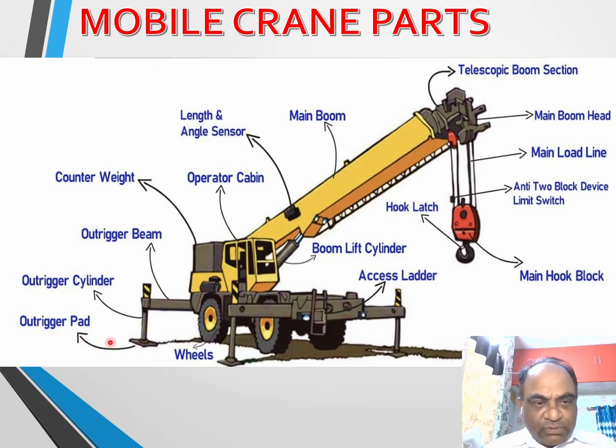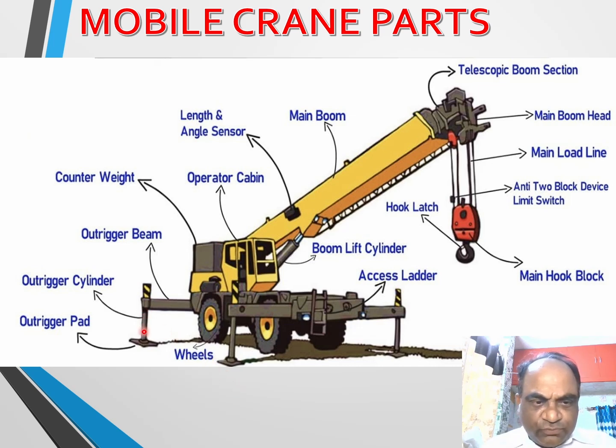Then you have outrigger pad, basically in order to increase the surface area that distributes the load in a larger area for the stability. This is important for the stability of the crane.